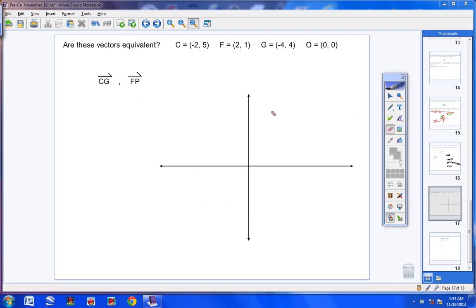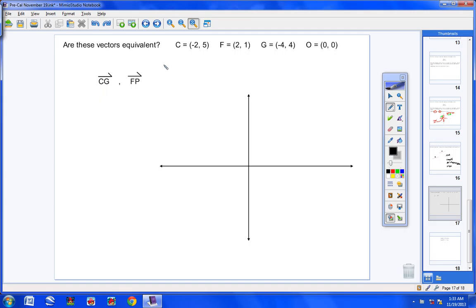Now, as we check to see if these two vectors are equivalent, and by the way, again, like I said, these are not the vectors up here, these are ordered pairs. This is a vector symbol. When you see two letters and a line over with a little hook like that, that means vector CG.